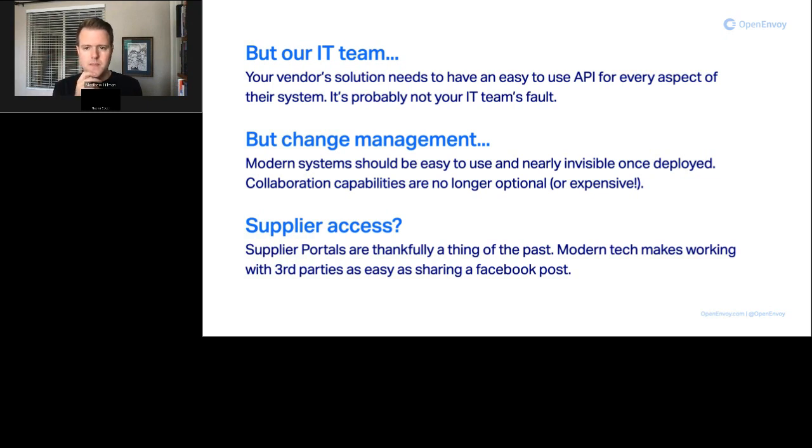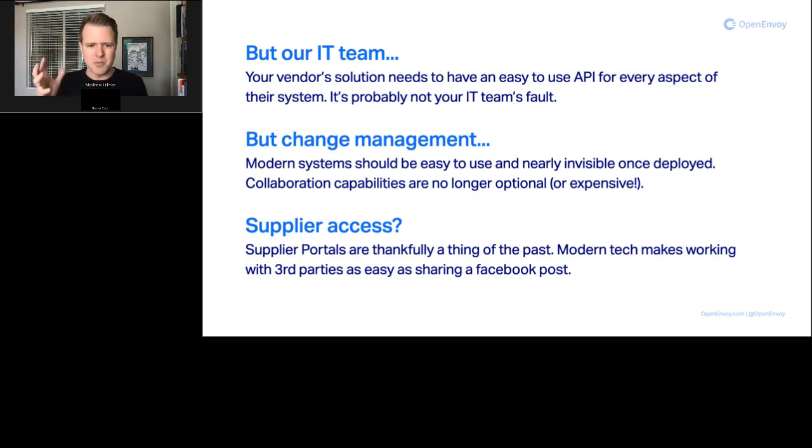AP automation should save you anywhere from 25 to 50% of that right away. Right? If it doesn't, then not the right vendor. So I think there's a lot of excuses for why not to adopt something into an organization. Historically, it's been because of vendor lock-in. But the reality is if your solution takes a long time to integrate, it's probably not your IT team's fault.